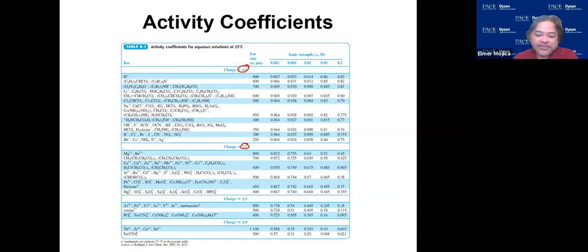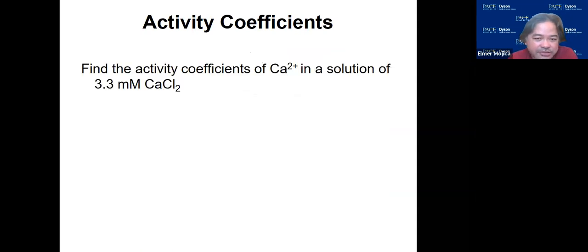So let's try to determine the activity coefficient. Find the activity coefficient of calcium in a solution of 3.3 millimolar calcium chloride. So how do we do this?